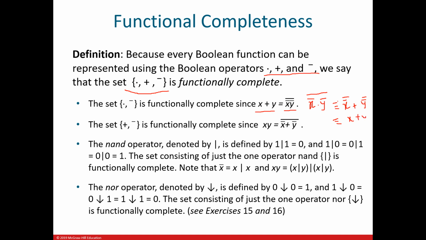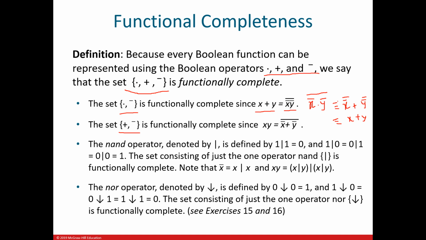So again, using only these two operators, we can show any Boolean function. And similarly, the sum and complement are also functionally complete, because we can show the product by x complement sum y complement. Again, similar to this, applying De Morgan's law, we will reach this conclusion.